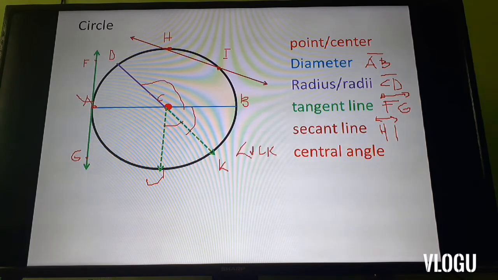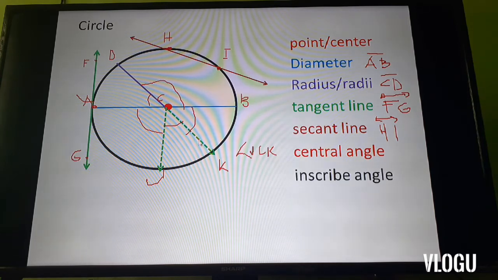Angle ACD is also a central angle. Angle ACJ is also a central angle. Ulitin ko, lahat ng angles na nagmula sa center or sa gitnang bahagi ng circle, ang tawag natin sa kanya is central angle.